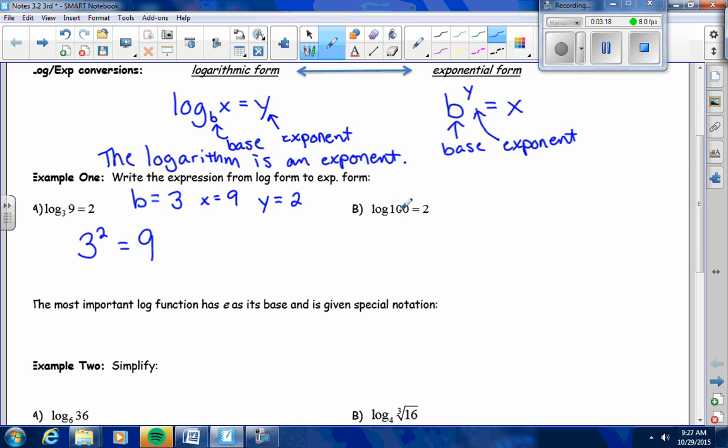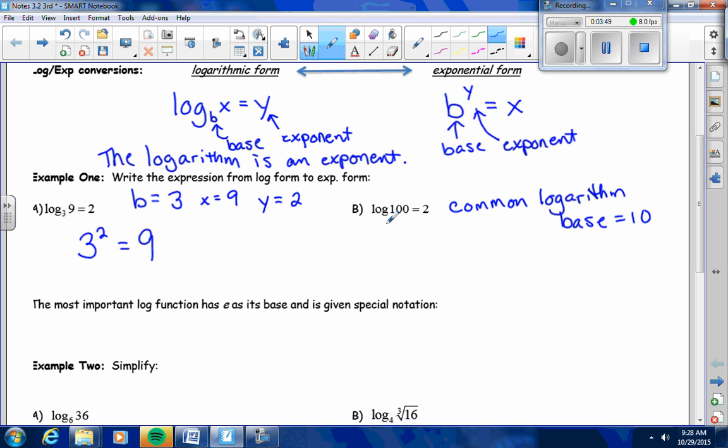This one is called the common logarithm. The common logarithm, the base is 10. When it is the common logarithm, the base isn't written. It's understood to be base 10. The calculator log button is base 10. That is the common log button on the calculator.